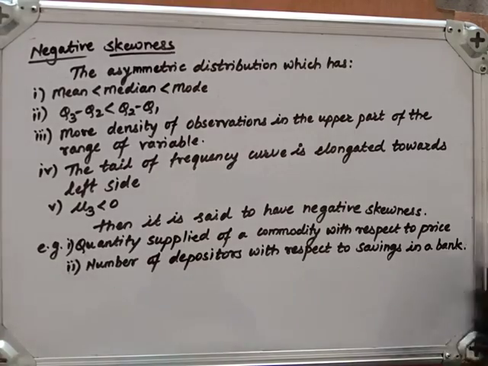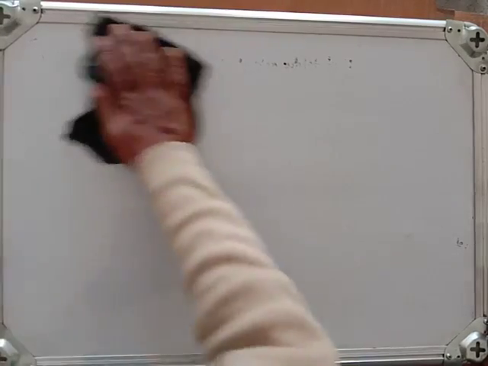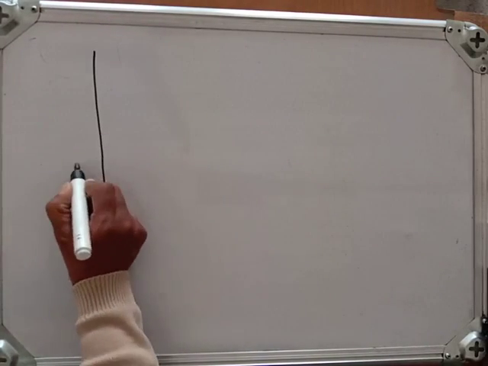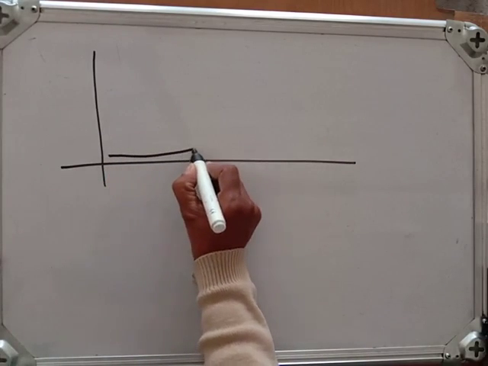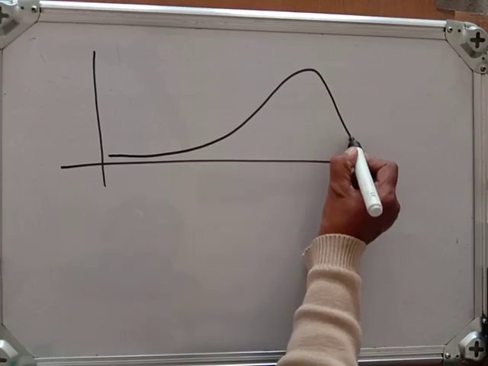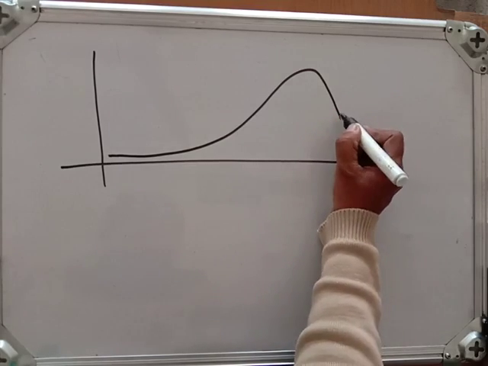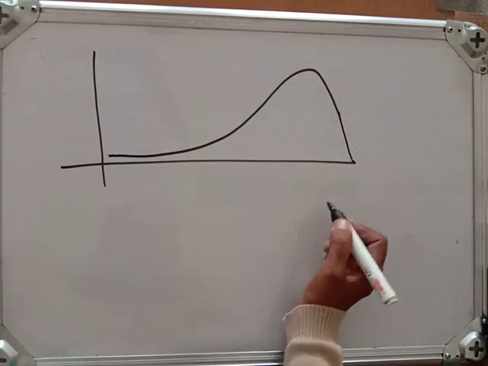So how does the graph of it look? The graph of this one will be towards the right. Here it will touch somewhere.